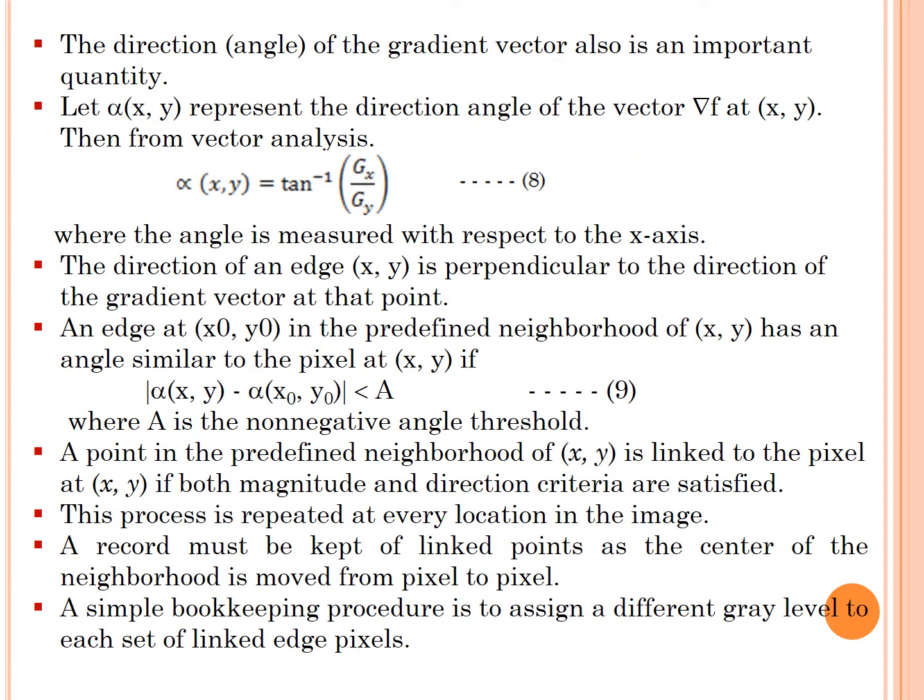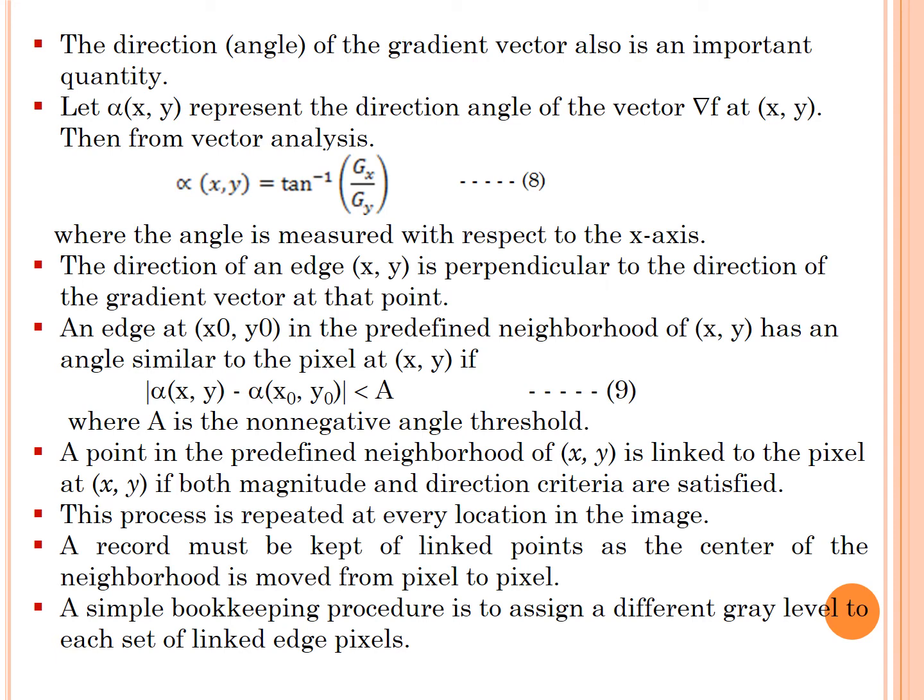The direction or the angle of the gradient vector also is an important quantity. Let alpha(x,y) represent the direction angle of the vector ∇f at (x,y). Then from vector analysis, alpha(x,y) is equal to tan inverse of gx upon gy, where the angle is measured with respect to the x-axis.